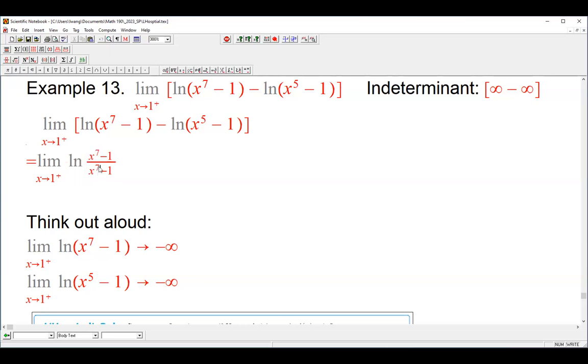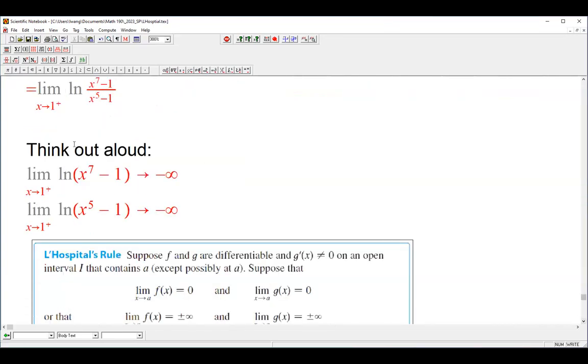Okay, and this is a 5, sorry, this is a 5. Okay, and what else can we do? Well, we know that if this piece has a limit, then we can take the limit across the continuous function ln, right?